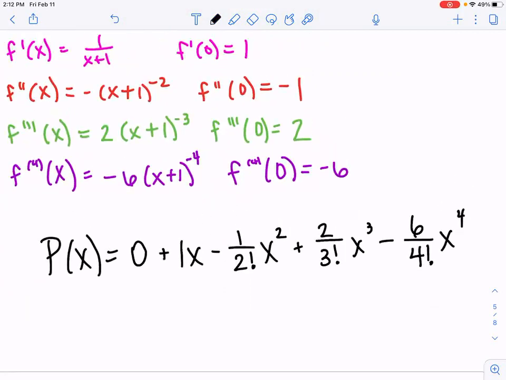I'm pretty flexible in terms of you leaving it like this or simplifying. I'm not really worried about it as long as you get me the polynomial that I want.